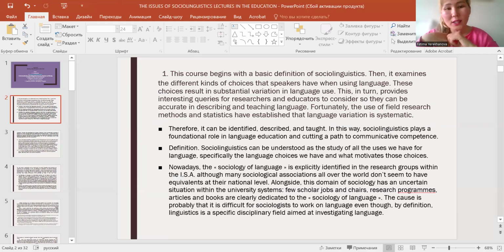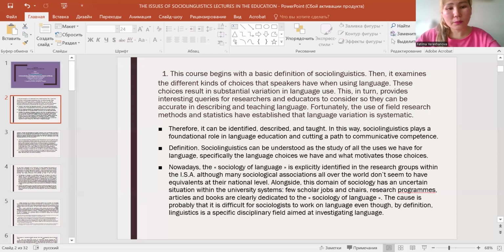These choices result in substantial variation in language use. In turn, this provides interesting questions for researchers and educators to consider, so they can be accurate in describing and teaching language.